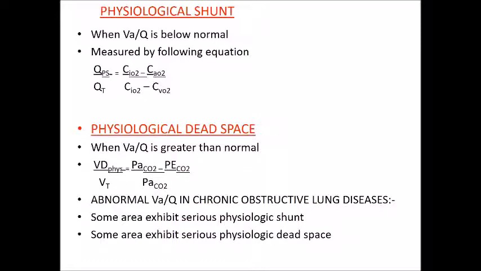For example, if any person has emphysema and alveolar walls are damaged, then many pulmonary capillaries are not there, so air is present but blood is not present. So there will be physiological dead space. Similarly, if narrowing of the airway is there, blood is present but air is not reaching there. So there will be physiological shunt.